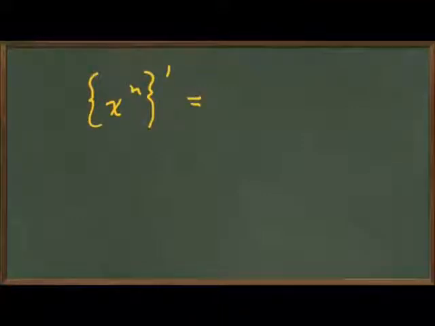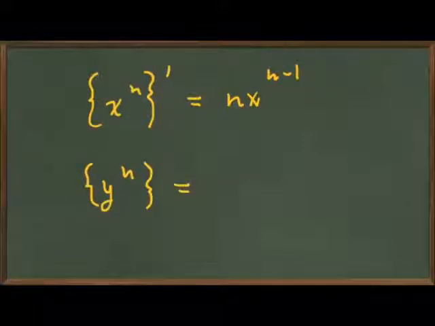So once more, just to review how this is related to what we learned before, if we have a term x to the n, its derivative is n x to the n minus 1, the power rule. If we have a term y to the n, its derivative still uses the power rule first, and y to the n minus 1, but because it is an implicit function, we have to take the derivative of the inside, and that is y prime.